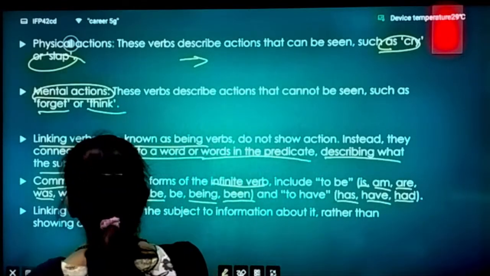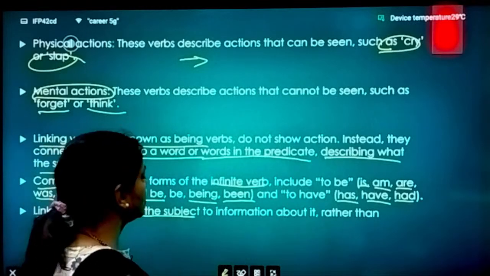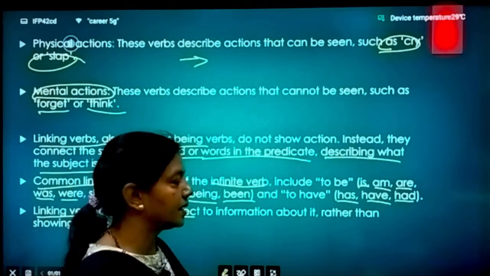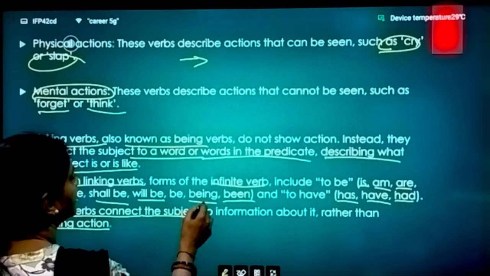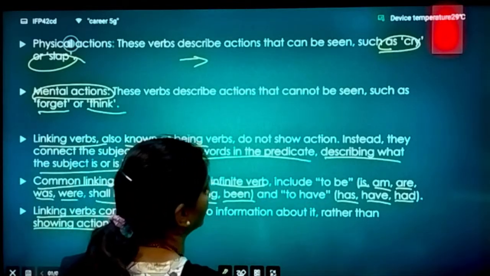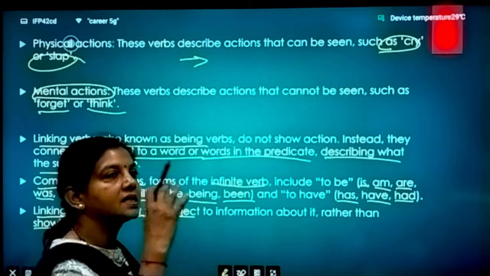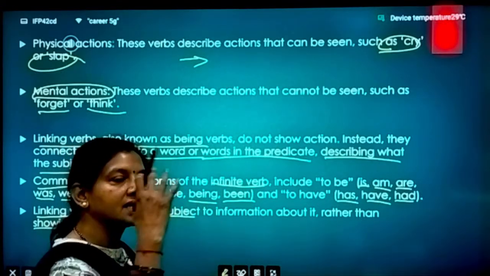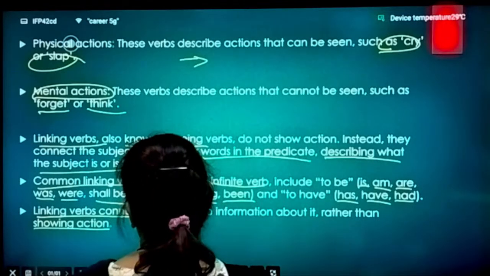These are all the common linking verbs. The linking verbs connect the subject to information about it rather than showing action. Somebody is running, she is singing, somebody else is dancing. It shows the action with the verb.